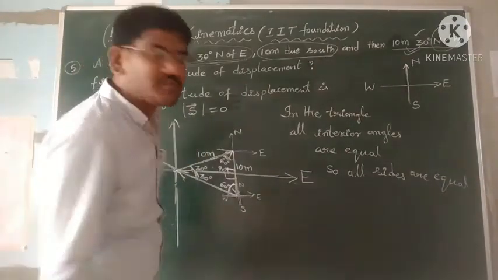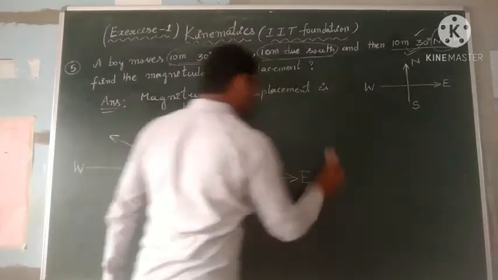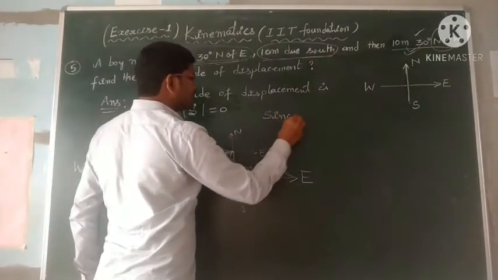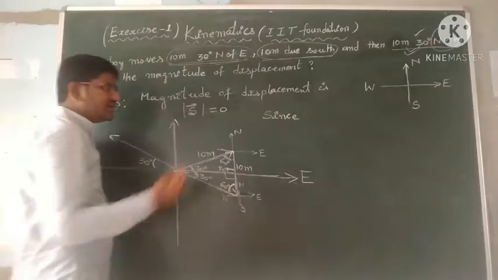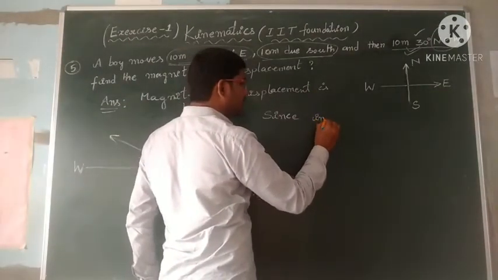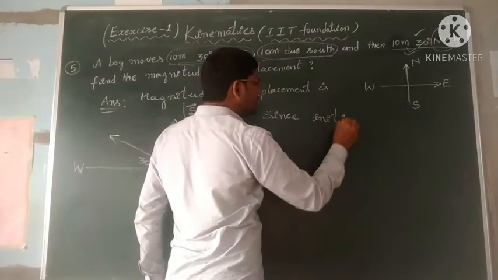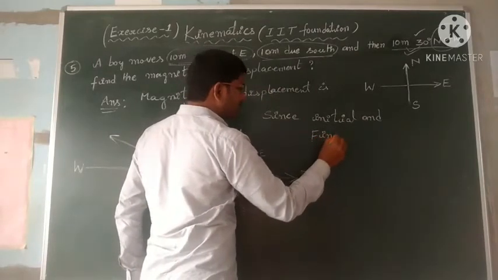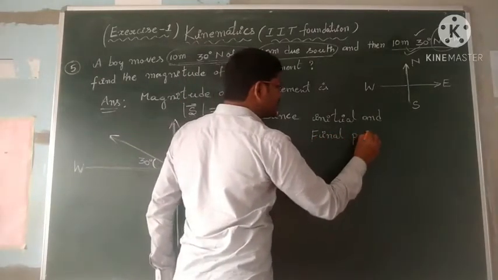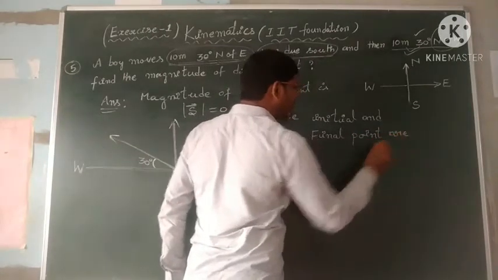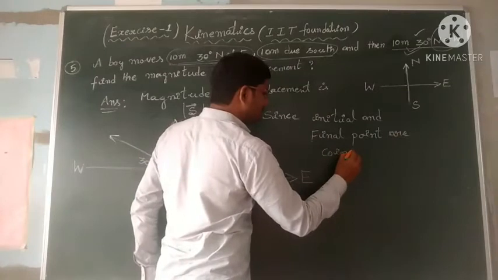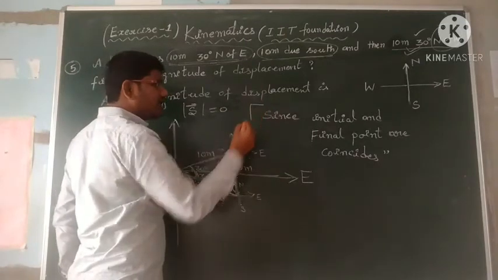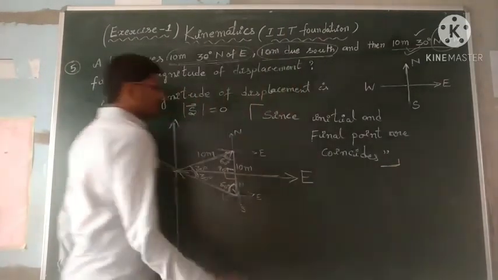So magnitude of displacement is 0 since initial point and final point coincide, so there is no shortest distance.